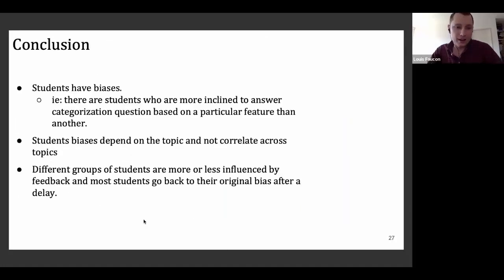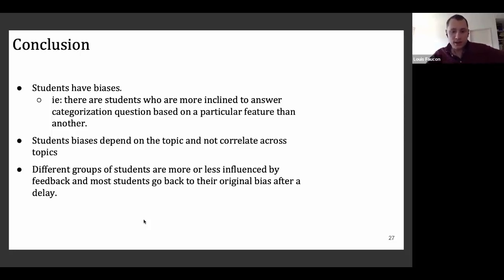So I'll now conclude and summarize what I've been saying. So first, we have shown that students are biased. So there are some students that are more inclined to answer categorization questions based on some features compared to other features. The biases depend on the topic and do not correlate across different topics.